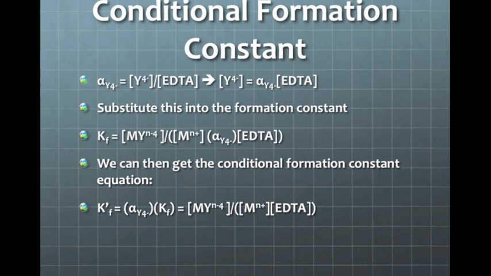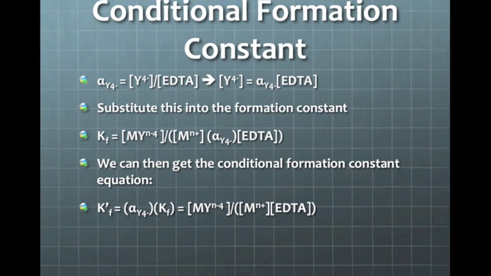Since the fraction of Y4- equals the concentration of Y4- over the concentration of EDTA, we can rearrange this formula to make the concentration of Y4- equals the fraction of Y4- times the concentration of EDTA. We can then substitute this for the value of Y4- in the formation constant equation like so.